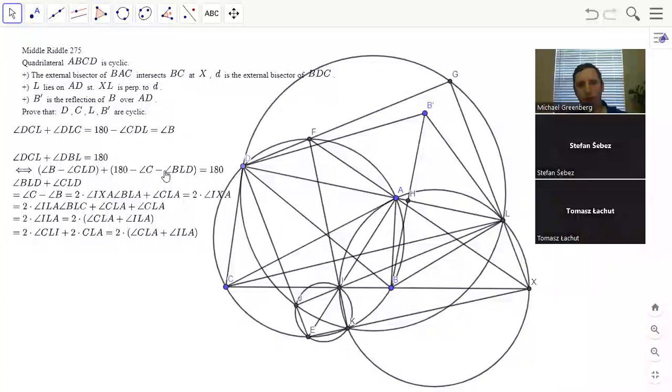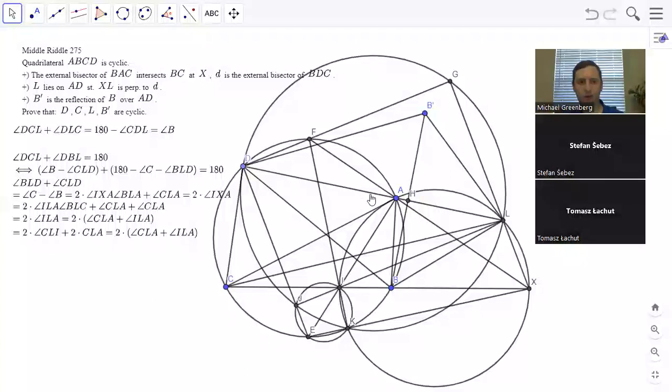And then you'd have to do plus DBA. DBL is this, because 180 minus angle C is angle DAB.